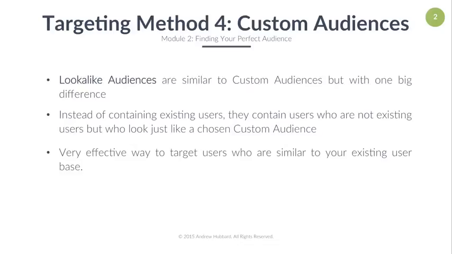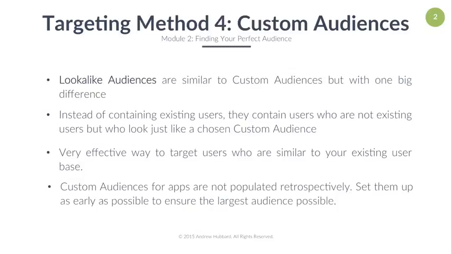They're a really effective way to target users who are similar to your existing user base. Both custom audiences and lookalike audiences, well, custom audiences, are not populated retrospectively. That's the main thing, and that's the point I want to emphasize here.